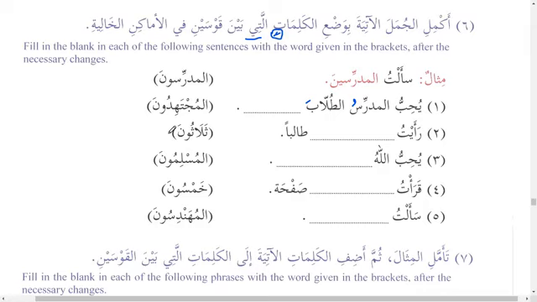Okay. رأيت 30 طالبا. رأيت فاعل. Excellent. And 30 طالبا, we can say it's مفعول به both together. Okay, رأيت 30 طالبا. I saw 30 students. Okay. يحب الله al-Muslimina.